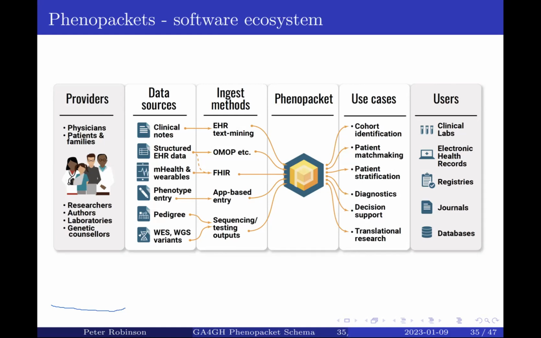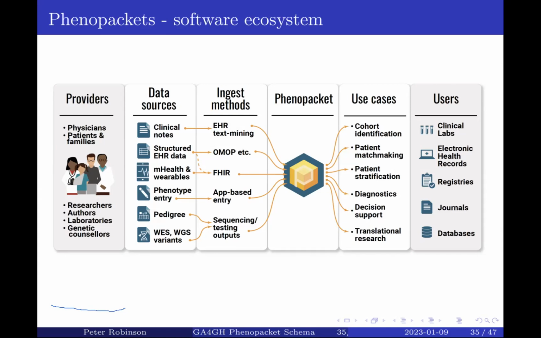We have various applications that are available now in prototype on the web, by which you can use text mining and other tools to enter accurate and comprehensive phenopackets. We think that if you take very disparate data and code it as phenopackets, then you can use the same set of software to analyze data that's coming from many different sources.